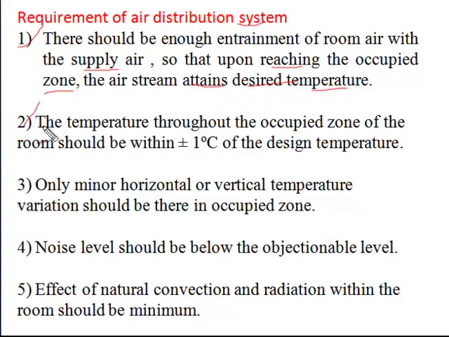Second, the temperature throughout the occupied zone of the room should be within plus or minus 1 degree Celsius of the design temperature. Third, only minor horizontal or vertical temperature variations should be there in the occupied zone.